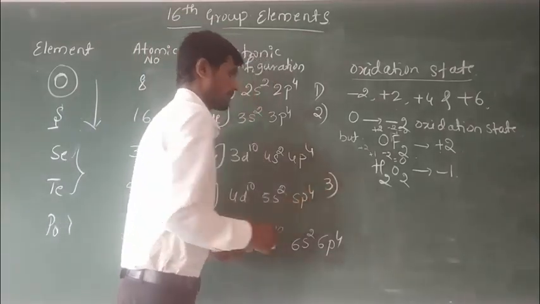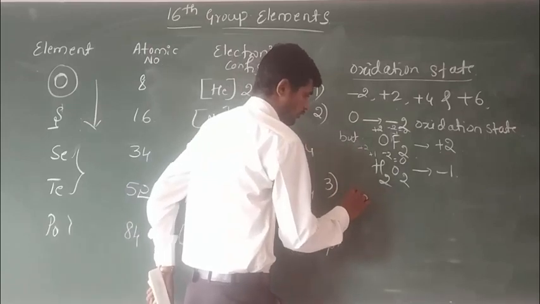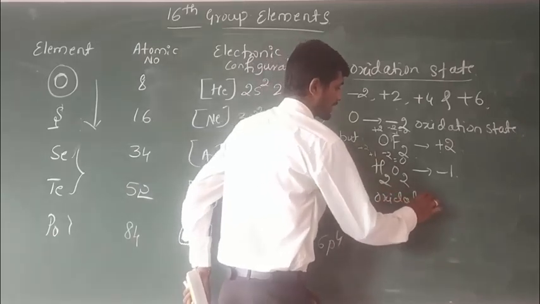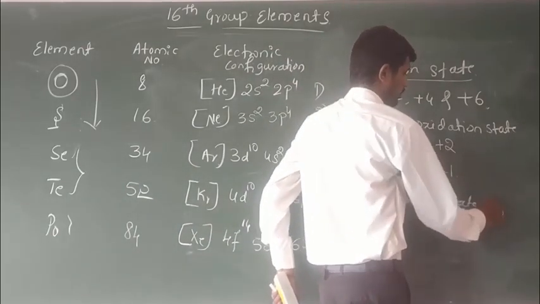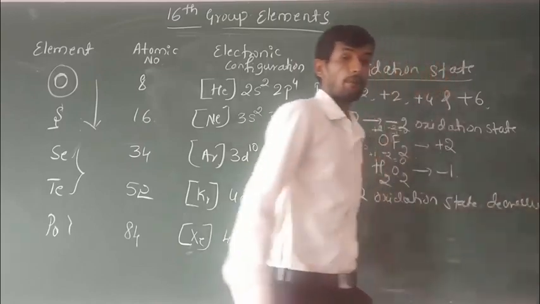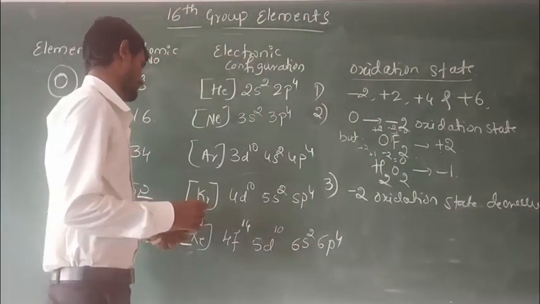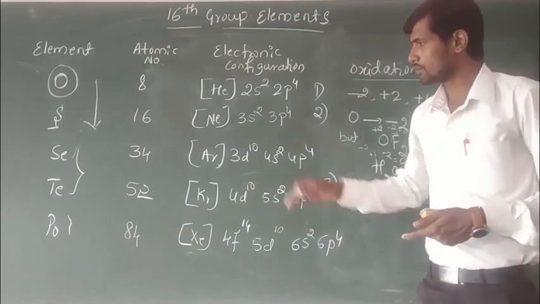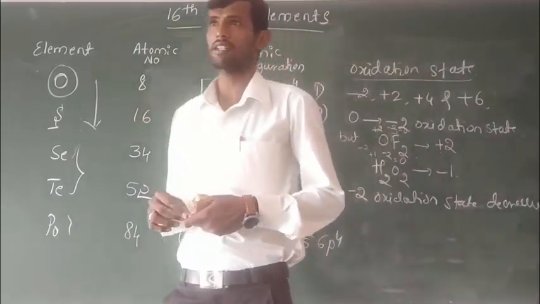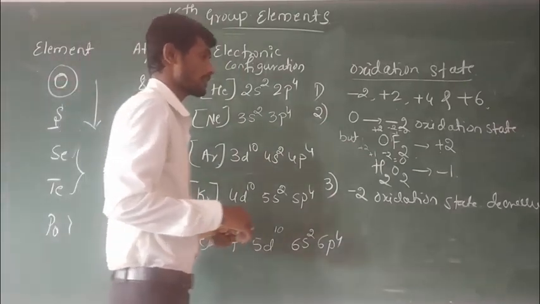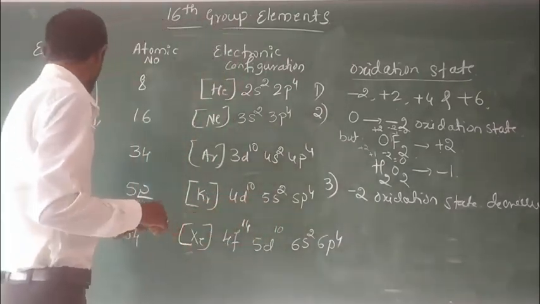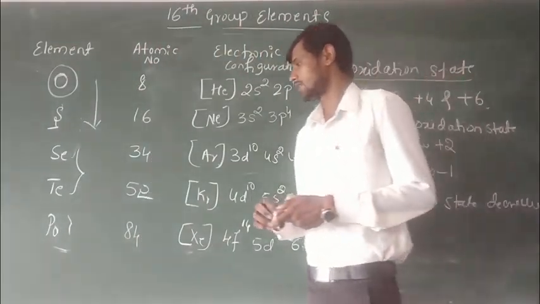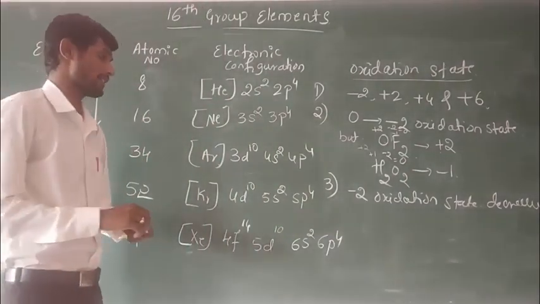Yes, next point. Remember, if we move down the group, -2 oxidation state decreases, and +4 and +6 oxidation states increase. Polonium usually shows +4 oxidation state.